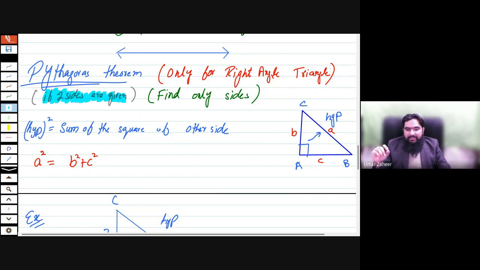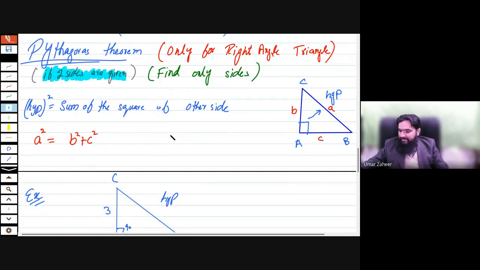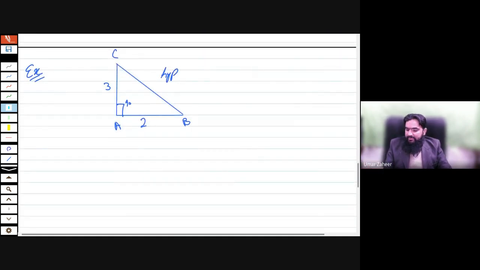These are the lines that are going to clarify each and everything, what you have to do and where you have to apply. So let's say we have to find the hypotenuse here.